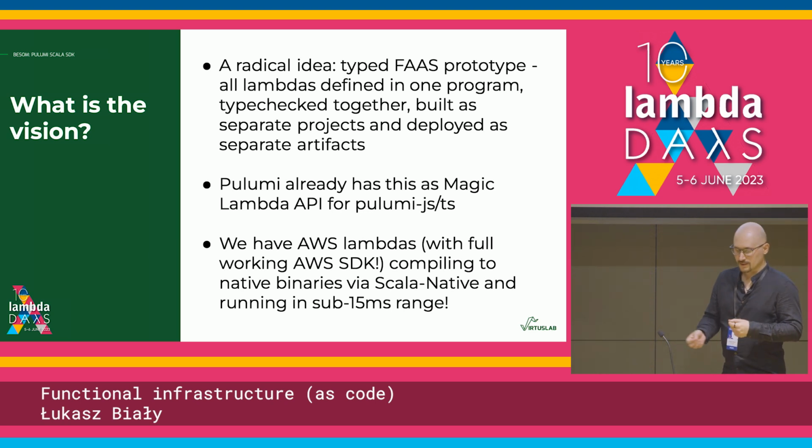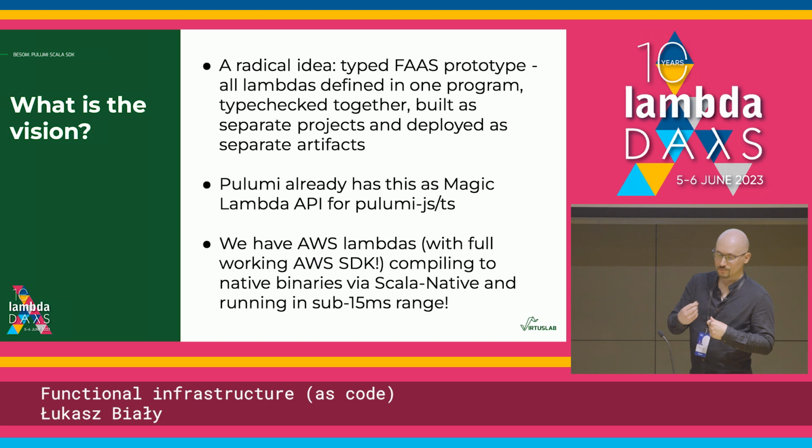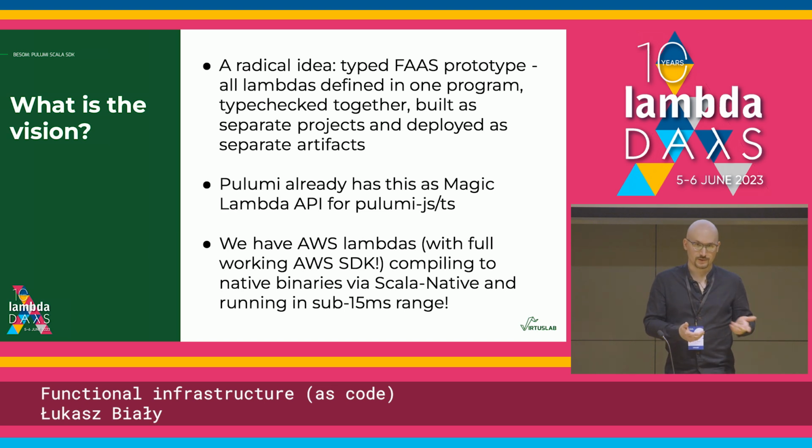So definitions of lambdas would go into a Pulumi program, and they would be, by means of magic and metaprogramming, separated from the project, extracted as a separate project, built, deployed, and the deployed lambda would be managed by Pulumi. Pulumi has this capability already. It's called Magic Lambda AWS for AWS, and it only works with Pulumi.js, mostly thanks to the toString on JavaScript functions that returns the source.